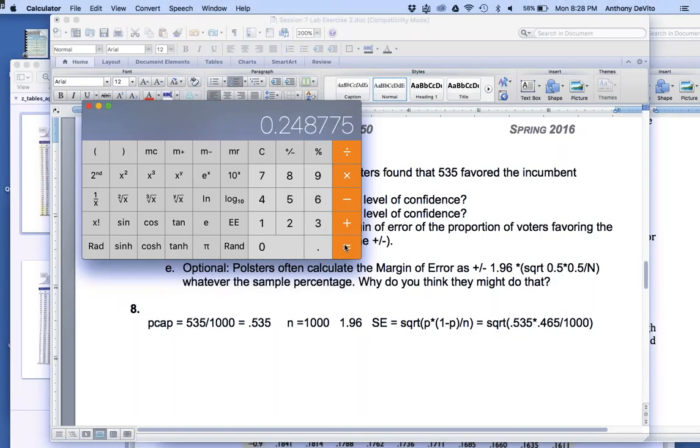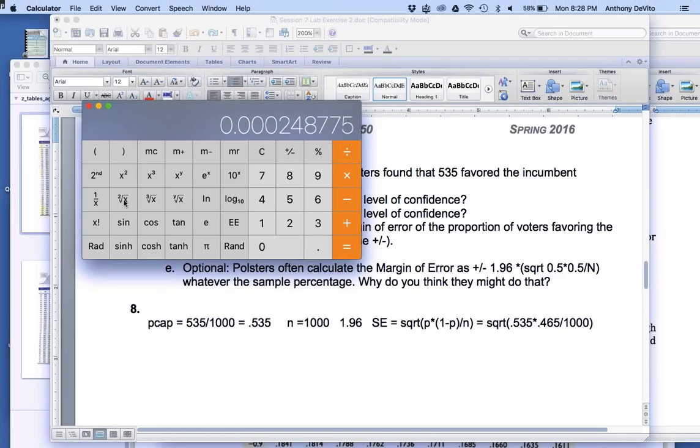That's equal to the top of our fraction, the numerator, and that's going to be divided by 1,000. And that's equal to 0.0002. Am I done? Got to take the square root of it, right?